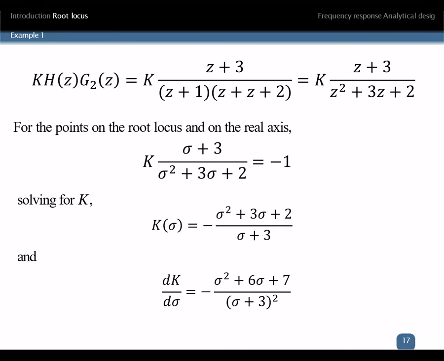If you remember, finding the k: I write k from H(z) G(z), and I multiply here, then you find k, z plus 3, and expand the denominator, and change z to sigma, and take dk by d sigma equal to 0.